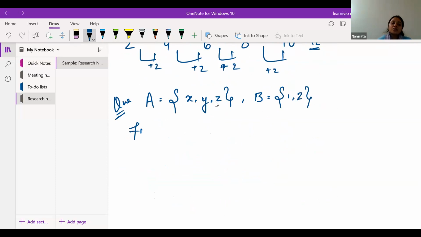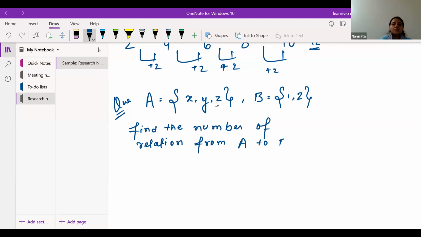Find the number of relations from A to B. Yes, Lina, any idea? How can we find the number of relations only? Like how many relations can be made by taking this set A and set B?